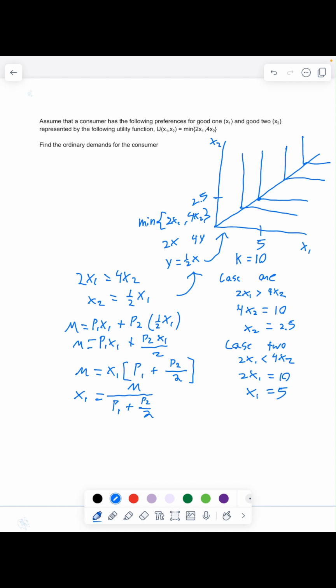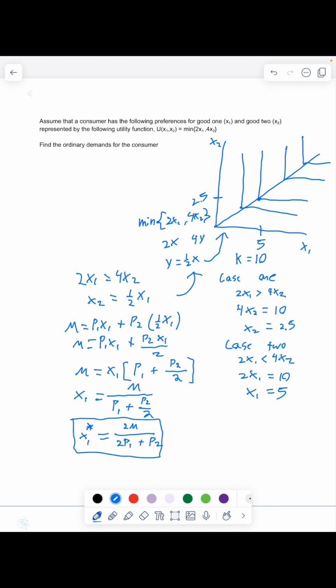I personally don't like working with fractions in the denominator if possible, so we'll simplify this and multiply everything by 2, giving us the final ordinary demand for 1 being 2m all over 2p1 plus p2. That's going to give us our first ordinary demand.